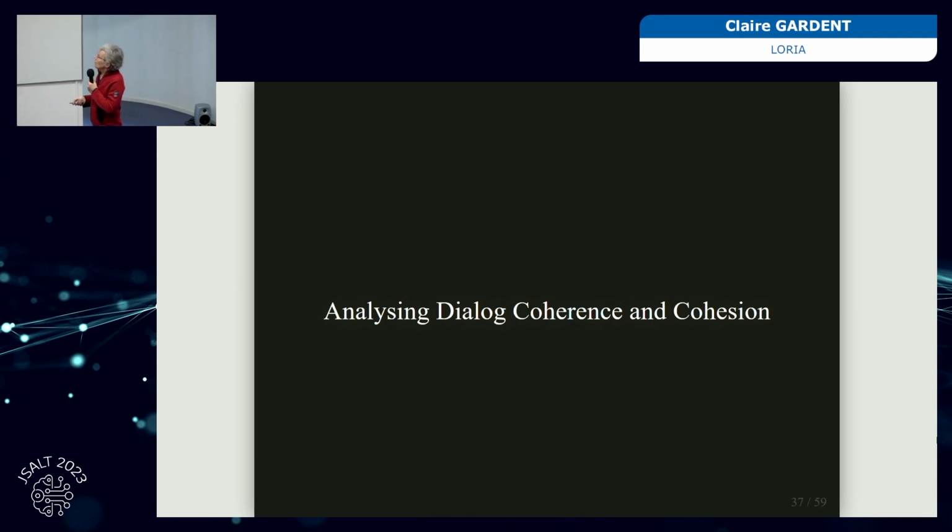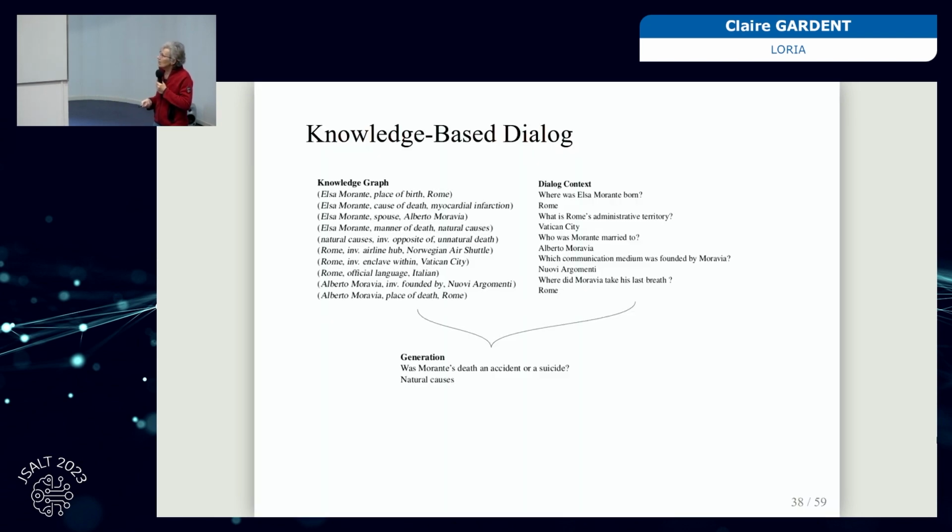Okay. So in the second part of the talk, I wanted to talk about conditional generation for dialogue. Again, how can we better understand and explain the behavior of a dialogue model, and specifically how this behavior impacts the coherence and the cohesion of the generated dialogue.